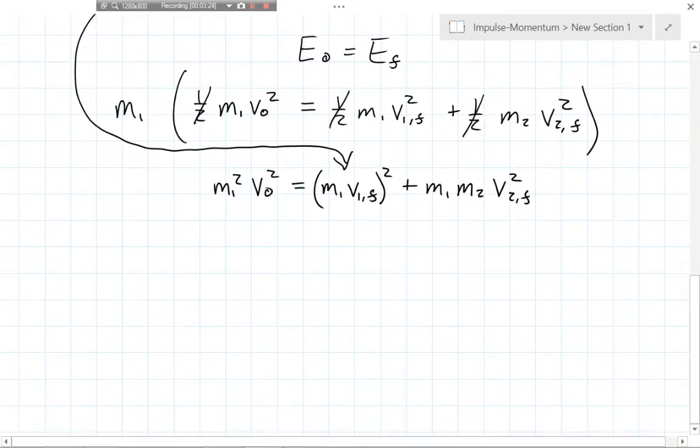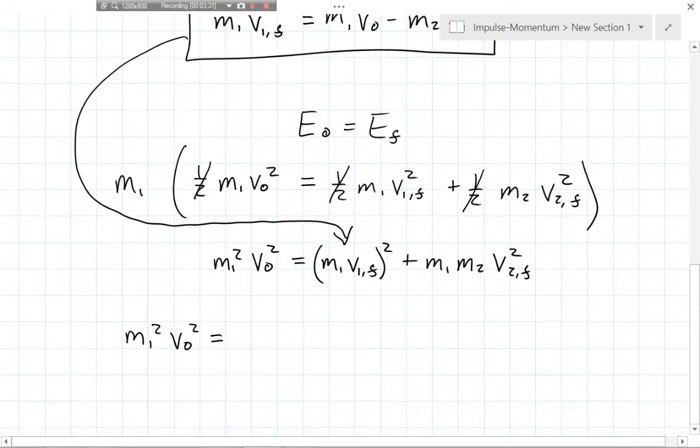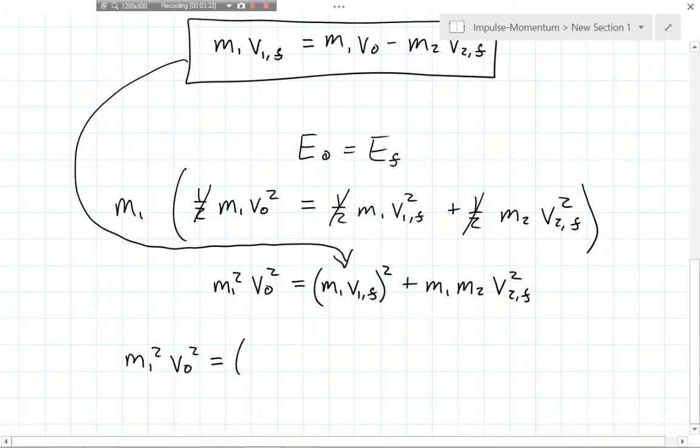So I have m1 squared v initial squared is equal to m1 v initial minus m2 v2 final, that whole thing squared, plus m1 m2 v2 final squared.